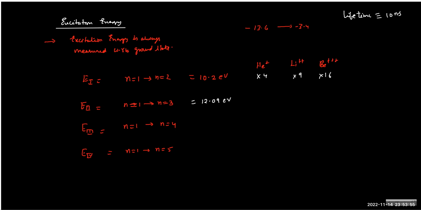Therefore, an electron cannot stay in the excited state for long. So what will happen? After 10 nanoseconds, these electrons will come back to the ground state. In the process, they will lose energy, radiate energy, and the energy loss will appear as an EM wave.